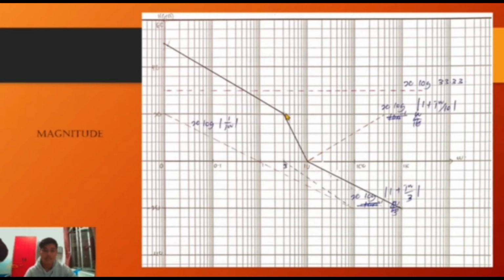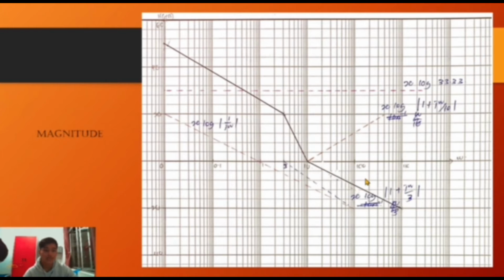So the slope will continue going down until the next corner frequency, which is omega equal to 10. So we have negative 20 plus negative 20 plus negative 20 plus negative 20, which is equal to 0. That's why the line, the red line, is for the pole at the origin.